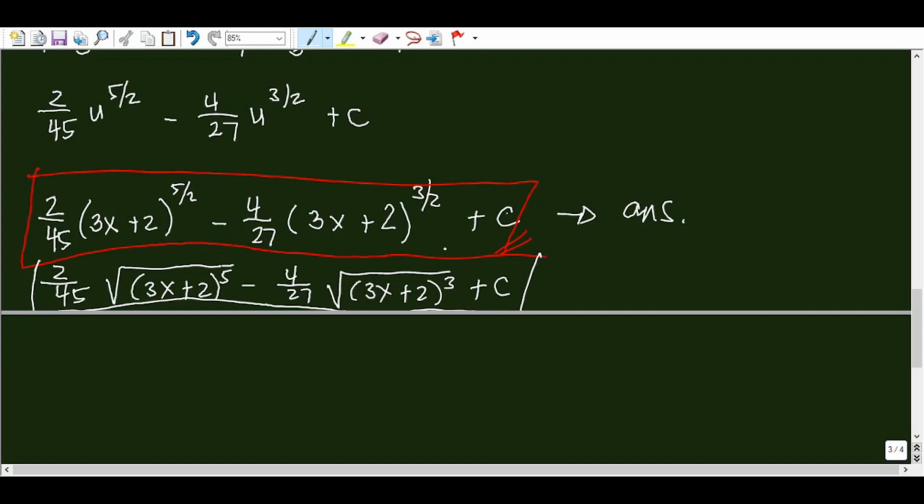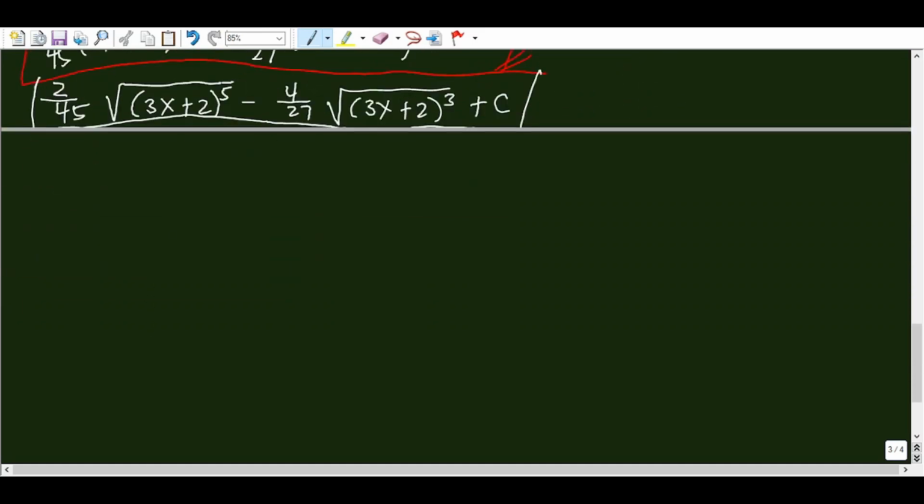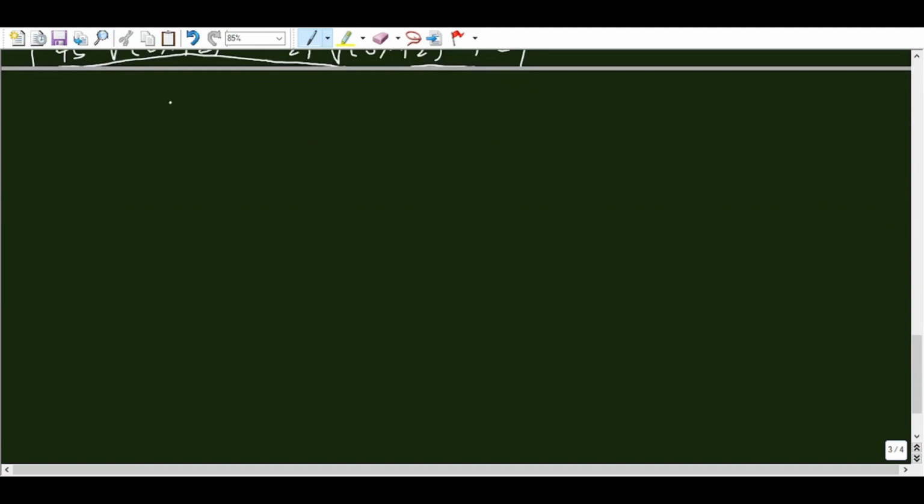Okay? Ganyan ang gagawin natin if pareho yung exponent ng ating variable dun sa base. Another example na pareho yung exponent ng ating variable. Let's have this one. The integral of 2x times the square root of 4x minus 5 dx.